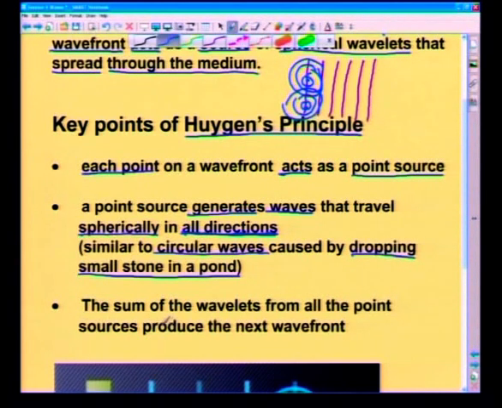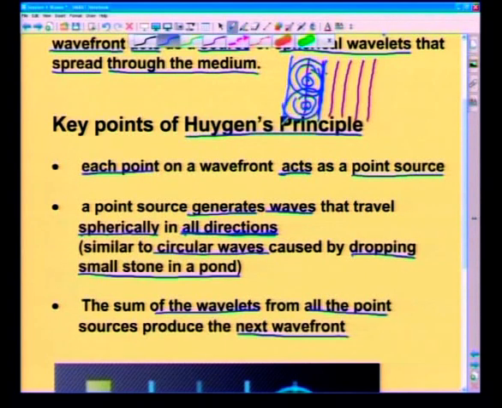Right, the sum of the wavelets from all the point sources produces the next wave front. So if you add all the disturbances, the wavelets from all the points, that then becomes the next wave front.